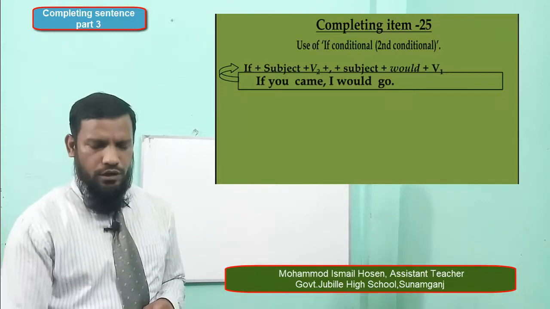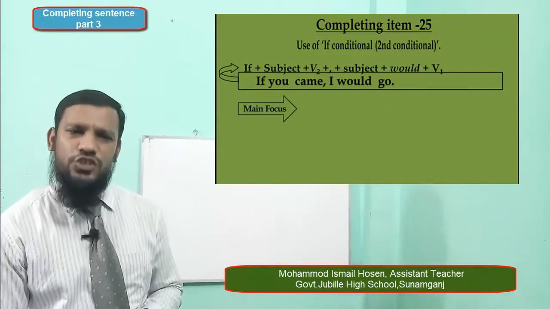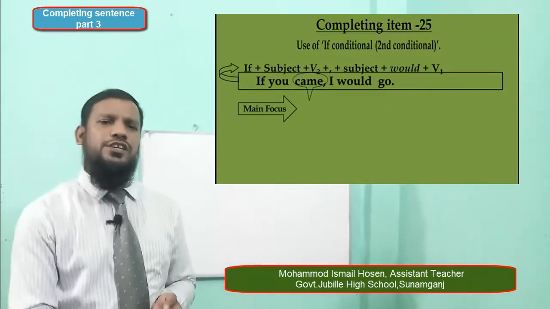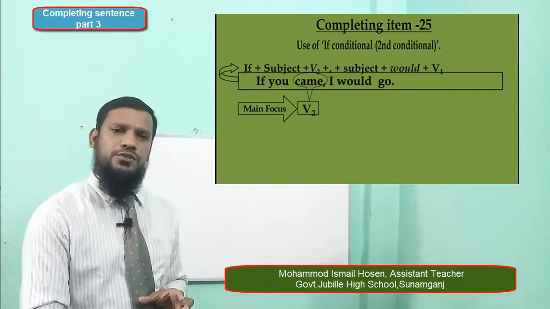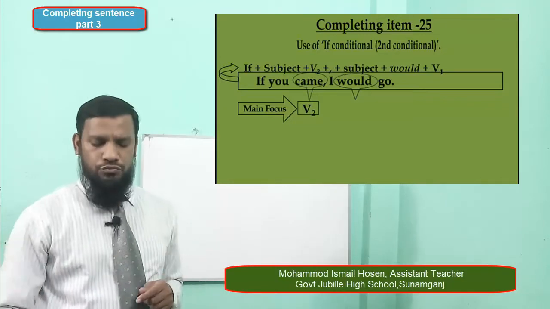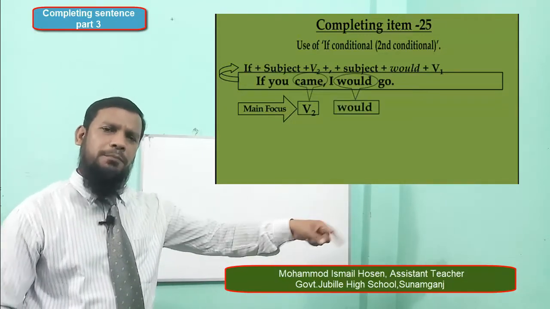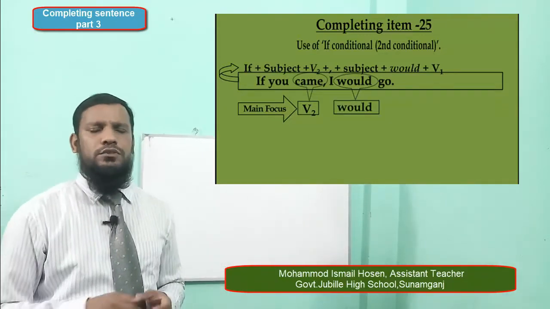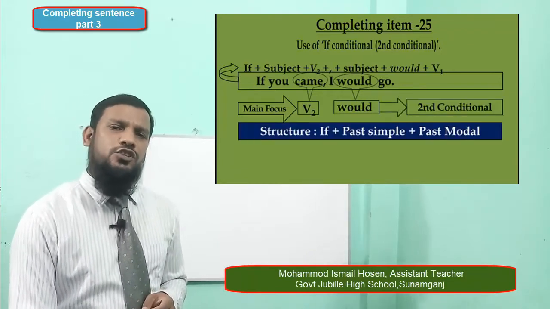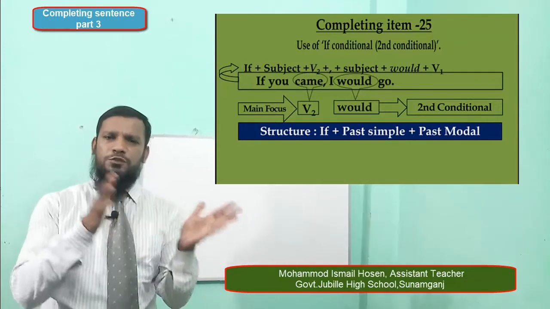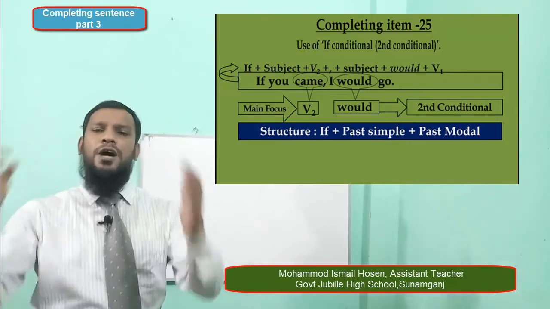Here the structure is followed, isn't it? The main focus is came, V2, that means past form of verbs. Then I would. Yes, as there is a past form of verb, it will be would here. So this is called second conditional structure: if plus past simple, then past modal.